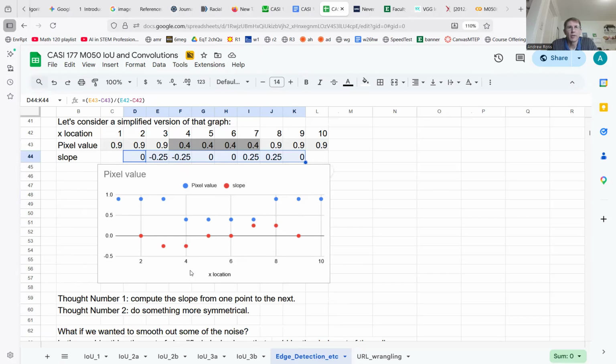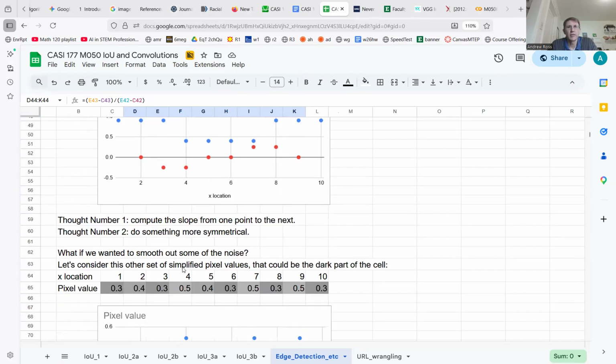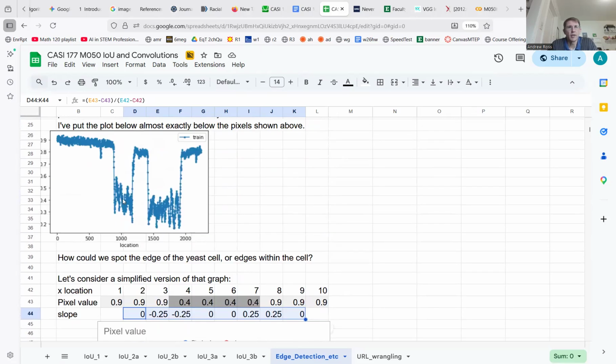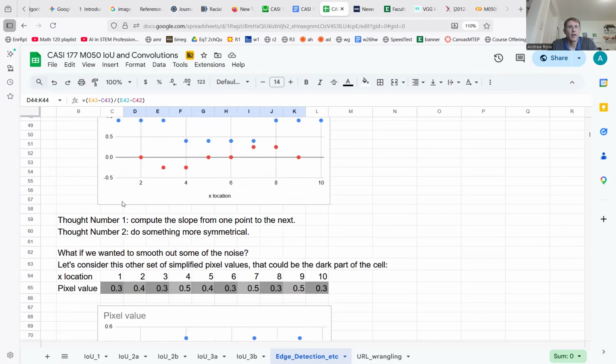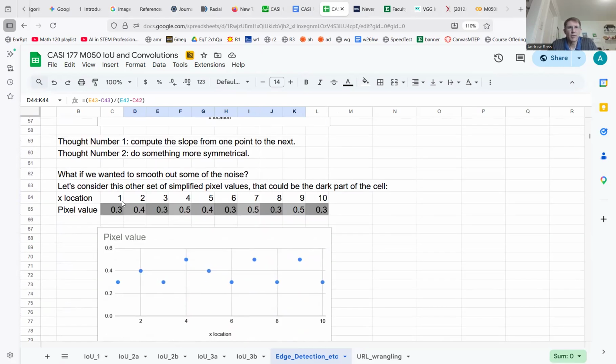What if we wanted to smooth out some noise instead of detecting edges? Well, let's consider another set of simplified pixel values that could be a simplified version of just inside this dark part of the cross section. What are some ways of smoothing out noise? Well, in statistics, we often take an average of things, right?